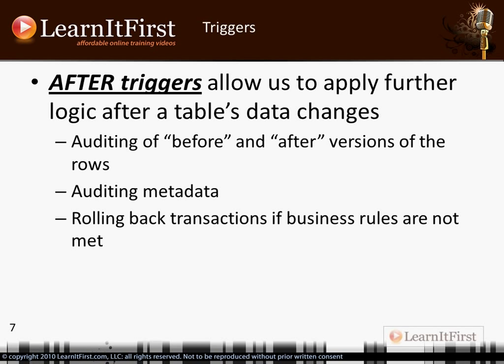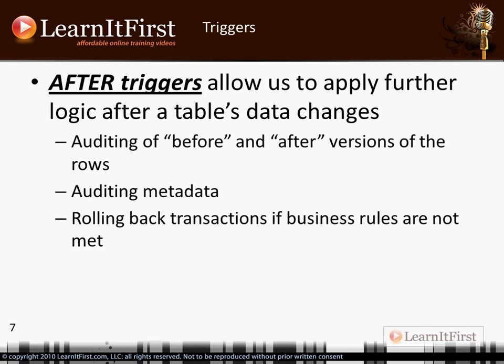Now, rolling back transactions, I will probably say I don't do this part as often in an after trigger. I will probably do rolling back of transactions with an instead of trigger. It's not as important to me to do business rules and constraints in after triggers as it is to do that in an instead of trigger.